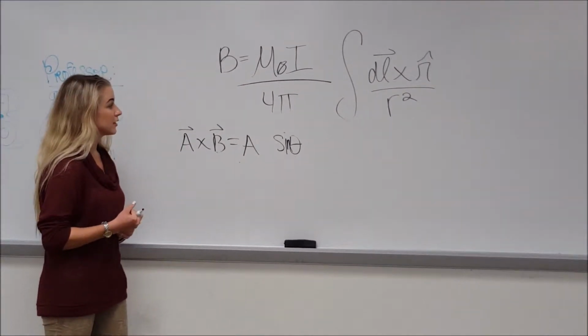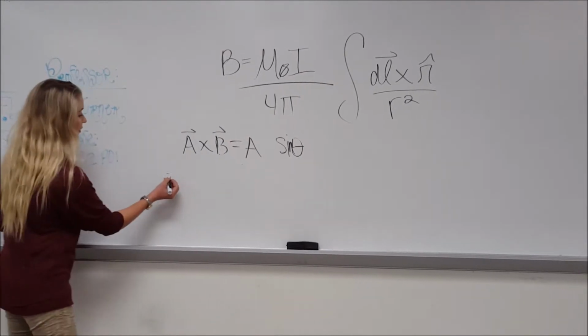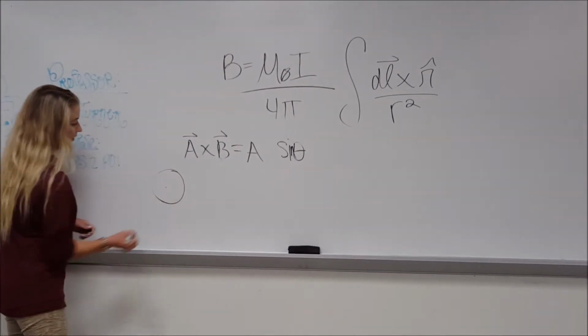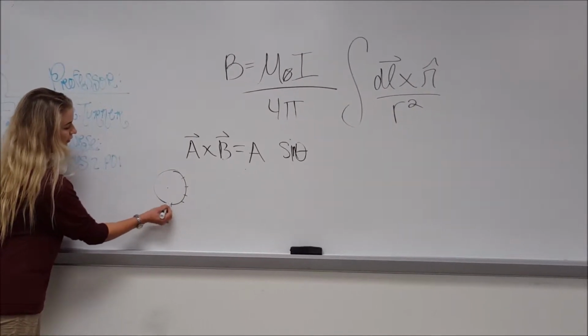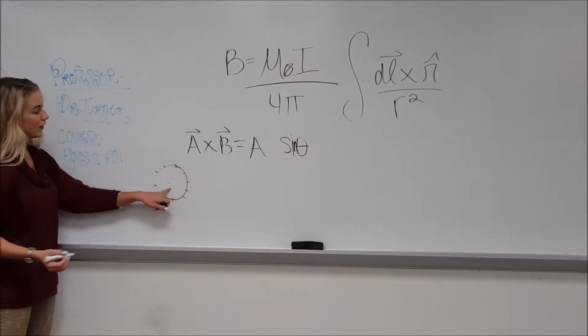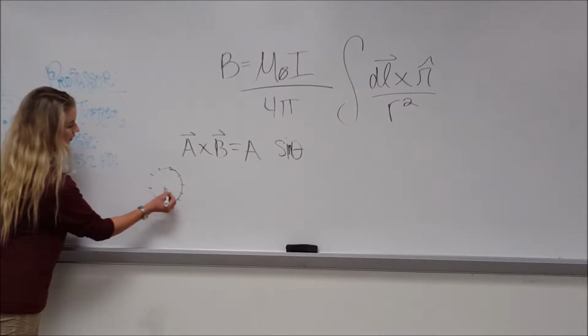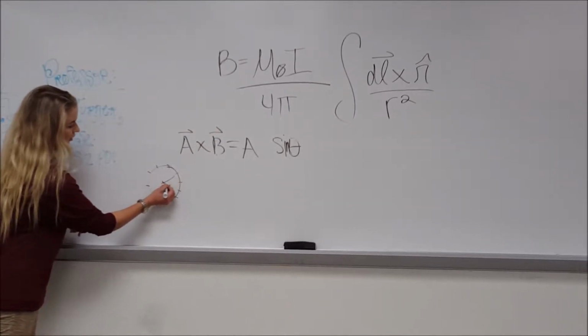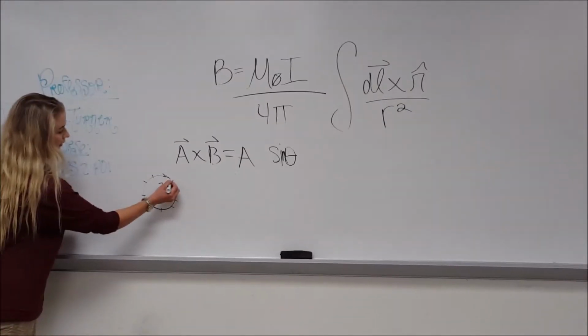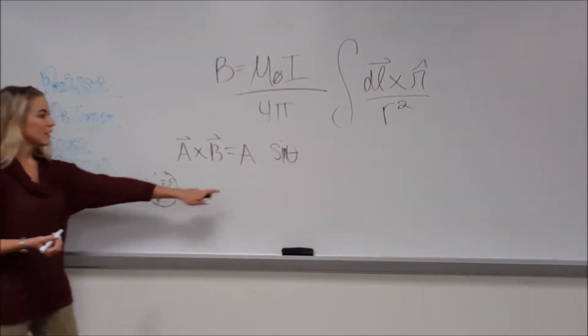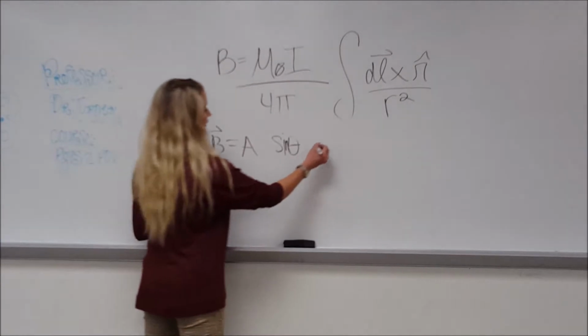Now typically, in most of these problems, you're going to have a circle with a point at the center. And so your dl is going to be around the circle. And so at any given point, the direction of your unit r will be perpendicular to your dl, which means that your theta is going to be equal to 90.